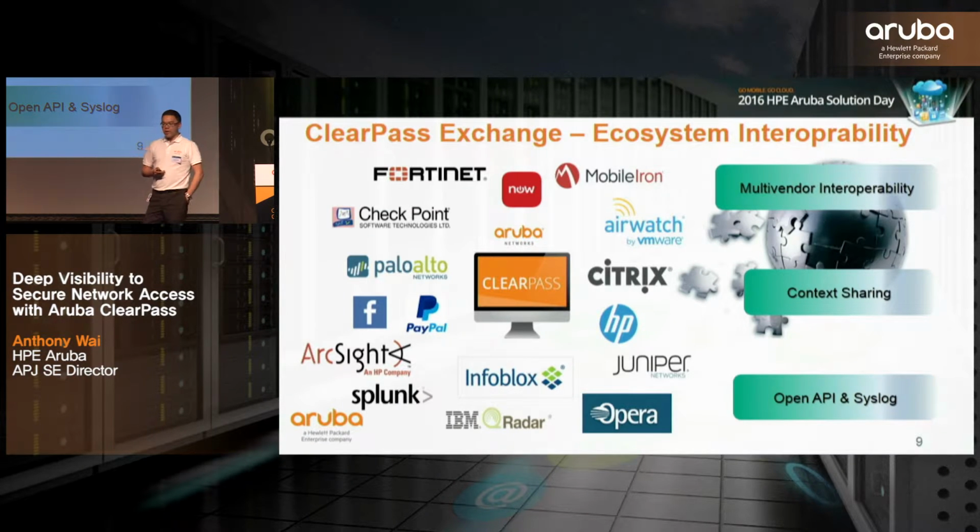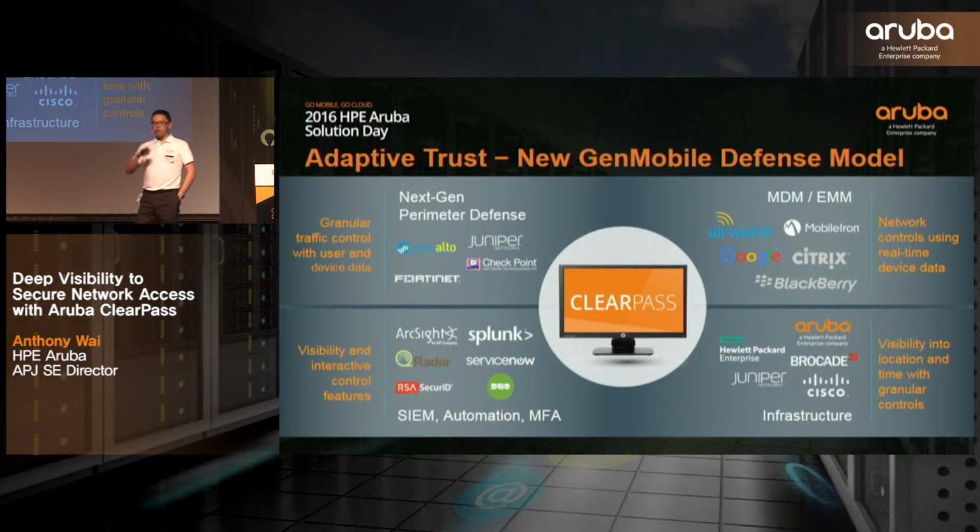So in general, we can categorize all these vendors into 4 major categories. On the top left, we have the defenses on the perimeter. All the investment you made with the firewalls, whether it's Fortinet, Palo Alto, Juniper, or Check Point, we want to exchange information with the firewall.